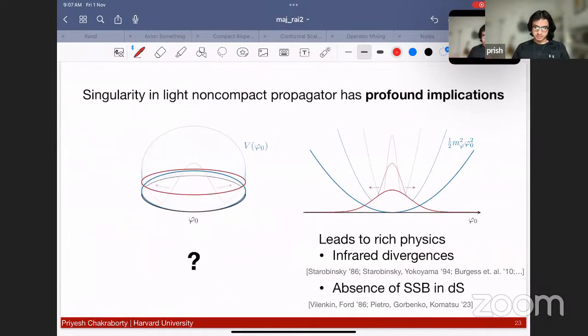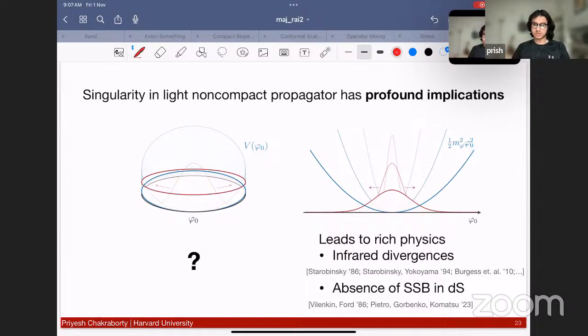Okay, just an aside, but the singularity in the light non-compact propagator that we just found has really profound implications for physics in de Sitter, because of this infrared divergence.